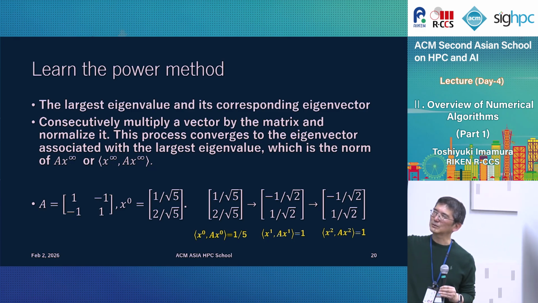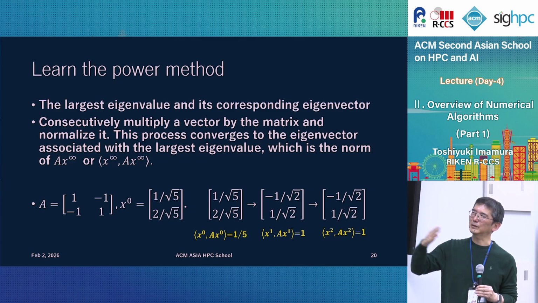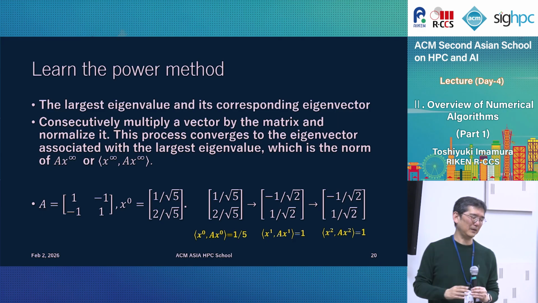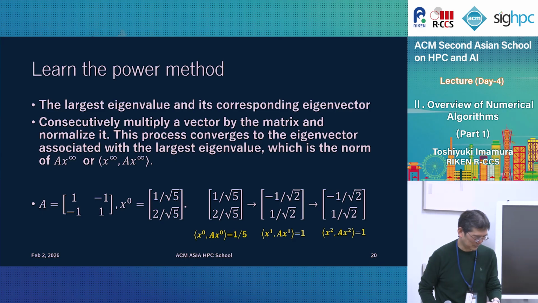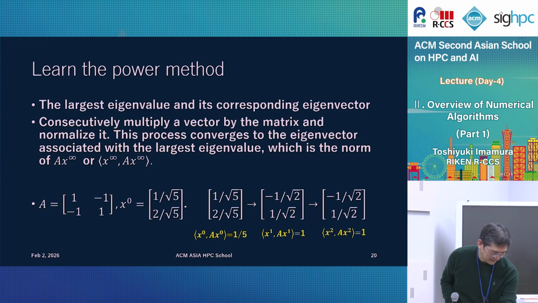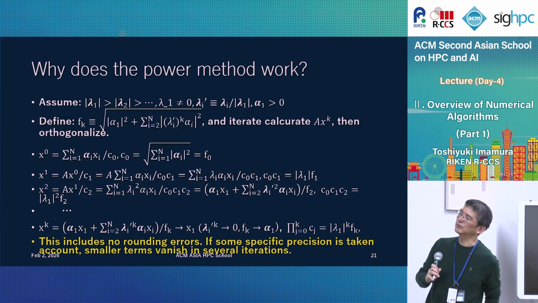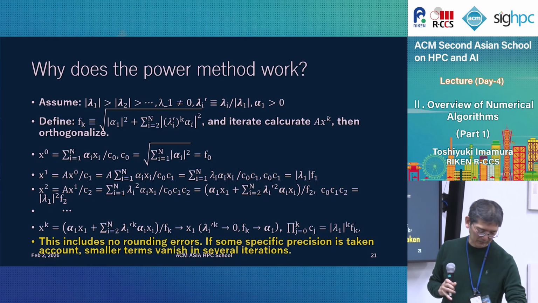Okay, so this is very simple, just multiplication, and even with my carelessness, we can obtain the correct eigenvalue. I'm sorry, so please confirm this. This is a very, very simple algorithm to obtain the largest eigenvalue.